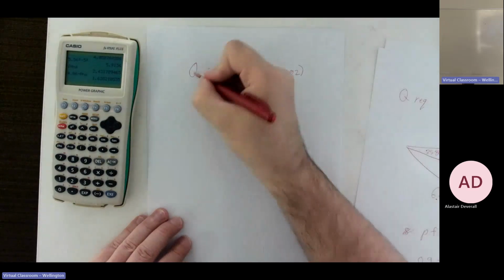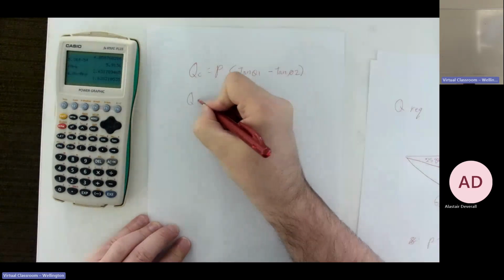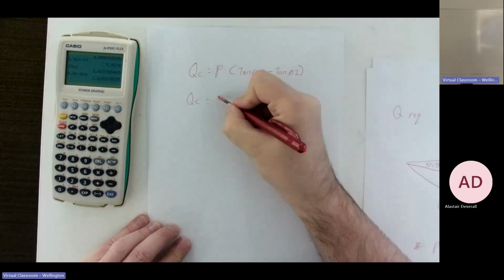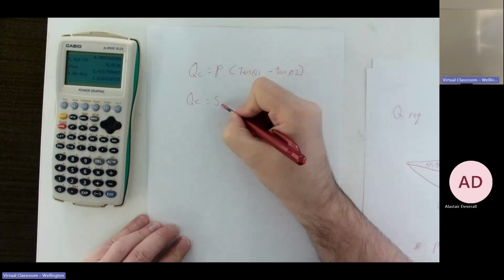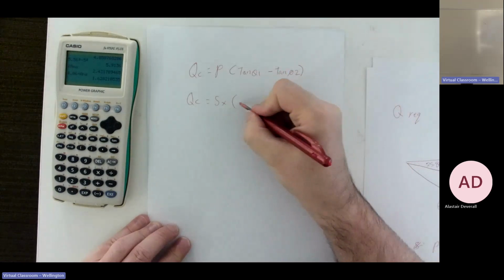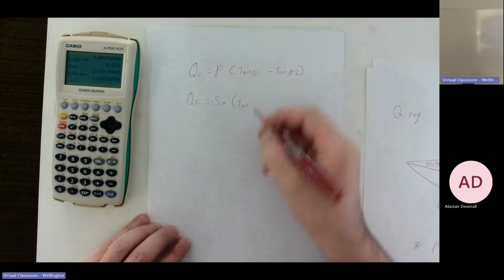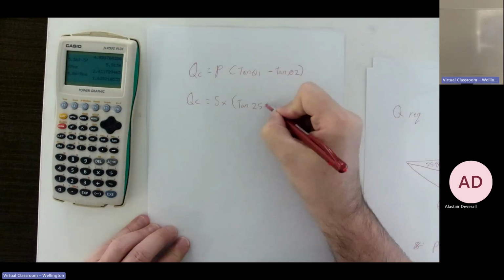So the way you would work this one out is QC equals, our power was 5 kilowatts, so 5 times, and then in brackets we have our tan theta 1 was our 25.84 degrees.